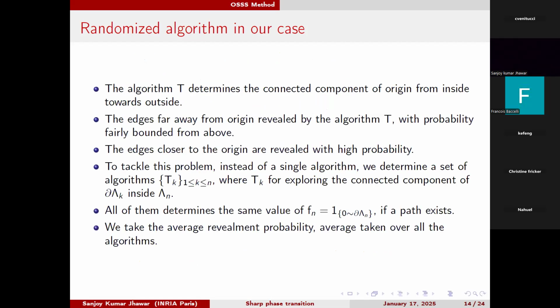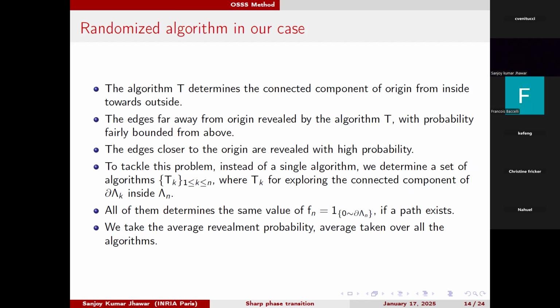As I was discussing with Francois, in this algorithm, let's say you take just one algorithm that finds you the path from the origin to the boundary. Then the edges close to the origin are revealed with larger probability, and the edges far away from the origin, close to the boundary, are revealed with very low probability.